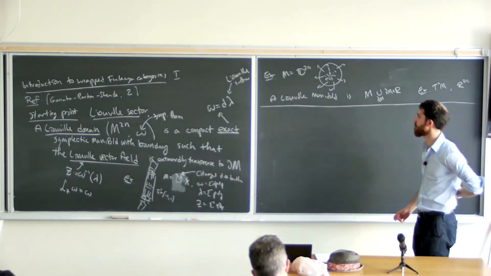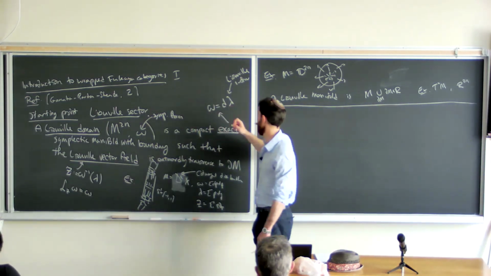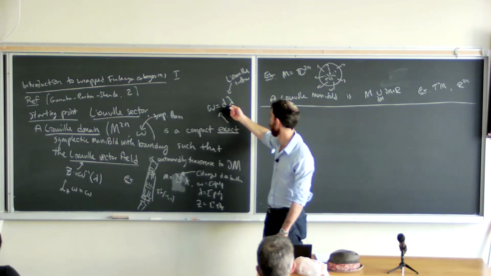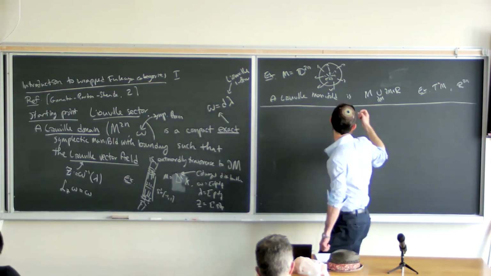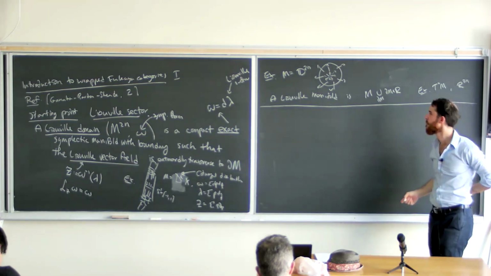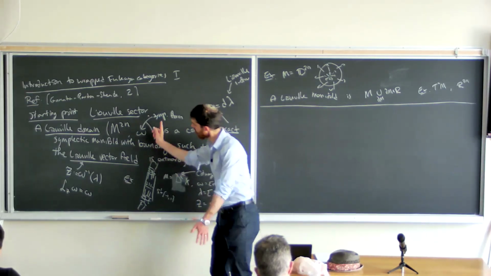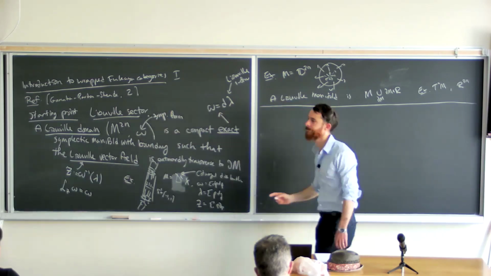Yes, correct. This is an exact symplectic manifold. The restriction of this to the boundary is a contact structure. And then this thing has a natural form that's lambda wedge dt, where t is the coordinate here. That makes this symplectic and makes the Liouville vector field get bigger and bigger the farther out you go.